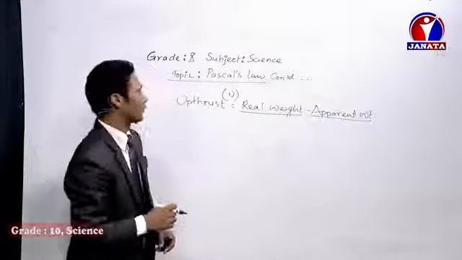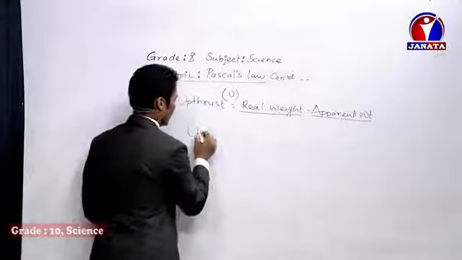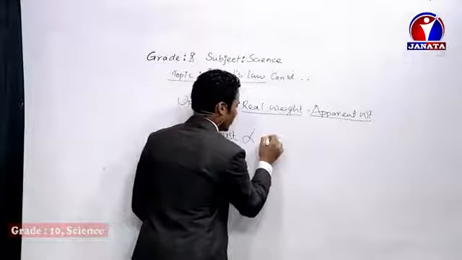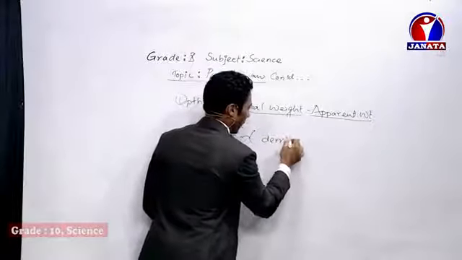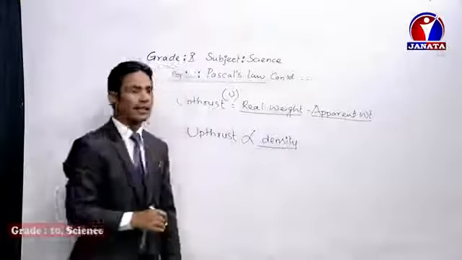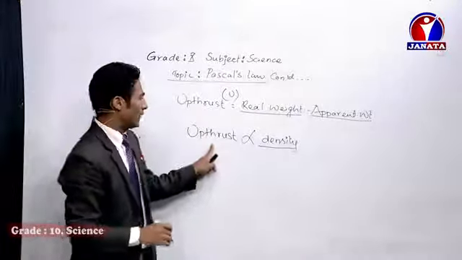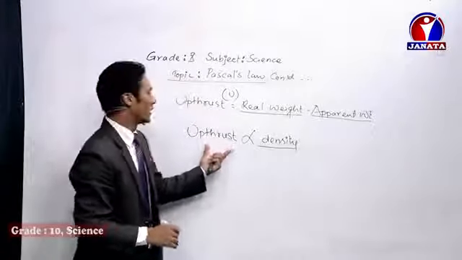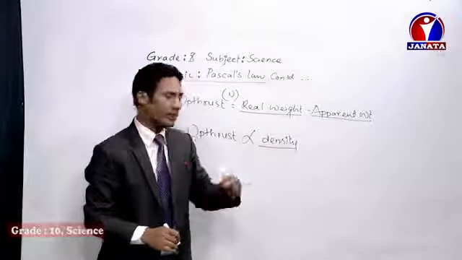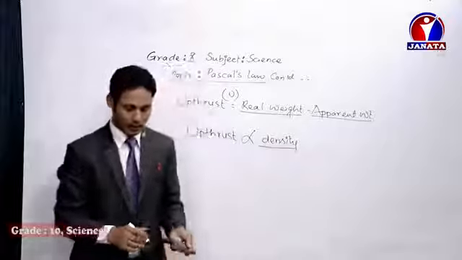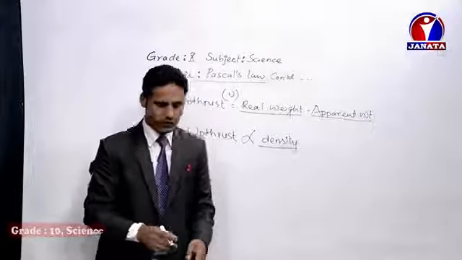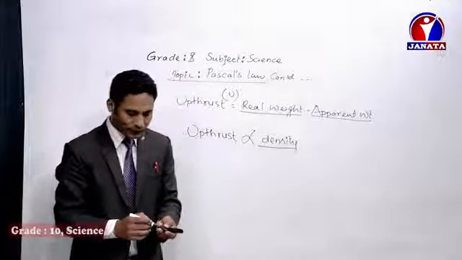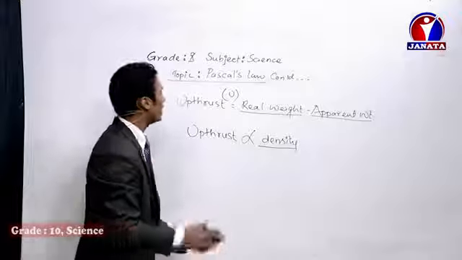So the conclusion we can draw is that upthrust is directly proportional to the density. If there is less density, there is less upthrust. If there is more density, then there is more upthrust. So the upthrust is directly proportional to the density of a substance. I think you are clear about the relation between upthrust and density. Now, next, let us see the Archimedes principle.